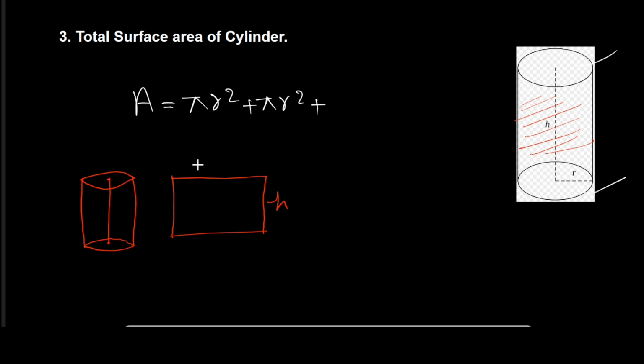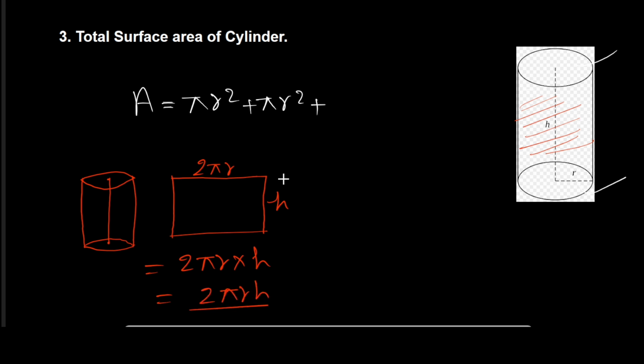The circumference of this cylinder is 2 pi r because it is in form of a circle. So the area of this rectangle is 2 pi r times h. So we can write it like 2 pi r h.